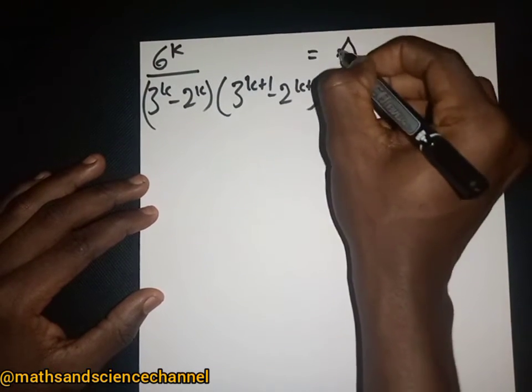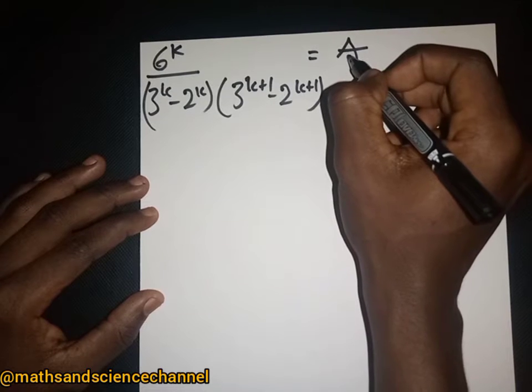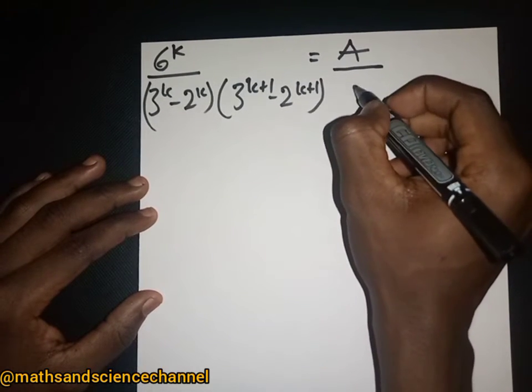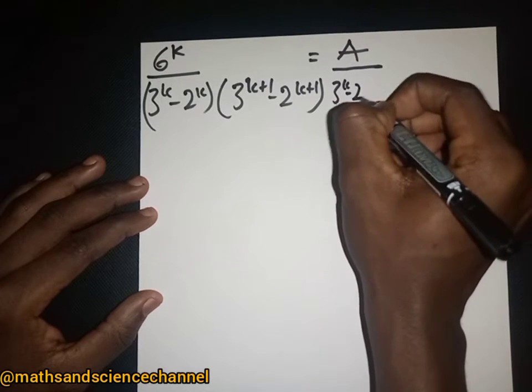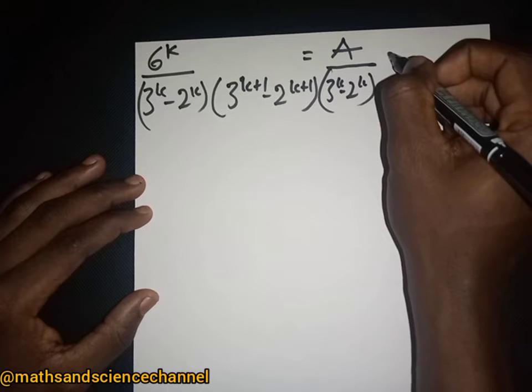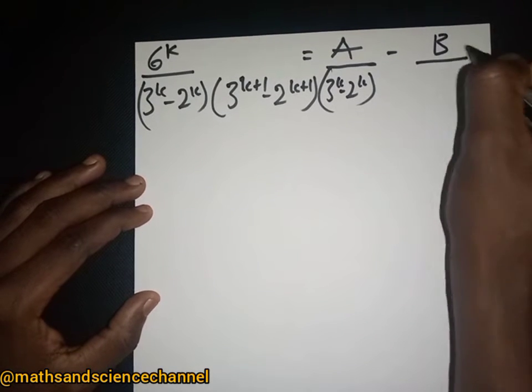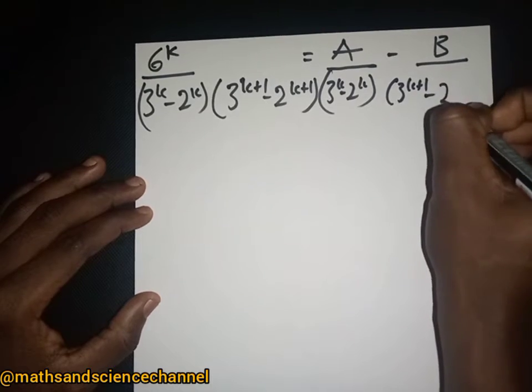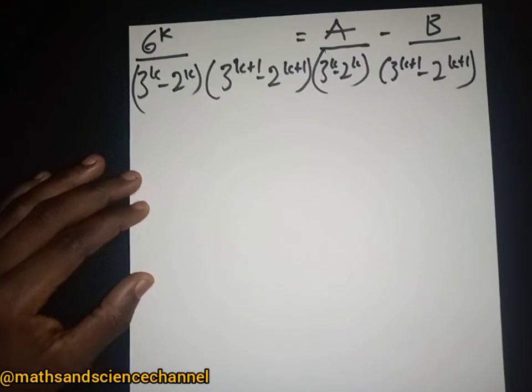Remember we said a was being divided by just 3 power k minus 2 power k, then we also had minus b divided by 3 power k plus 1 minus 2^(k+1), right?